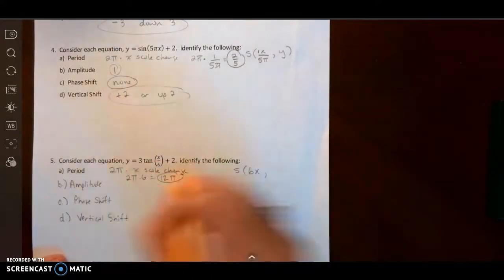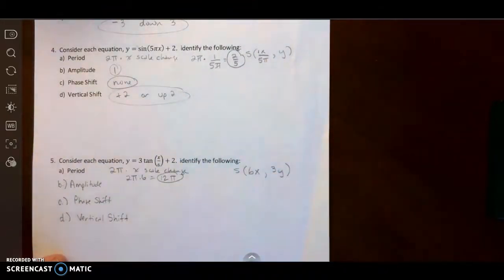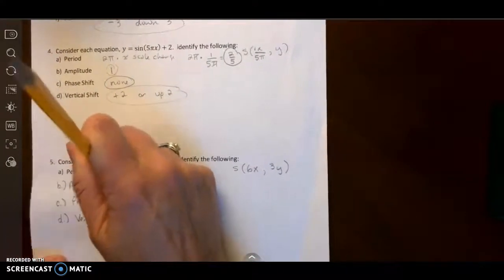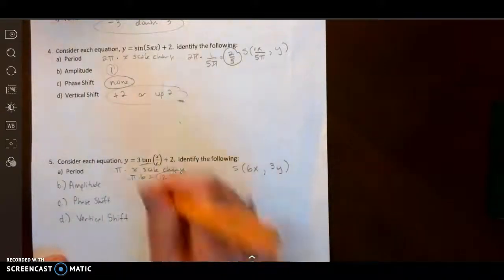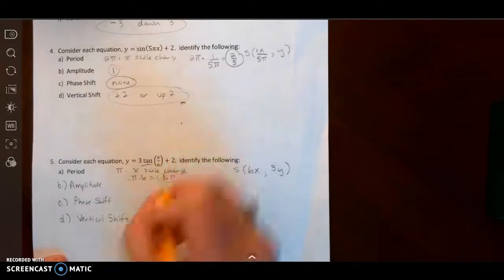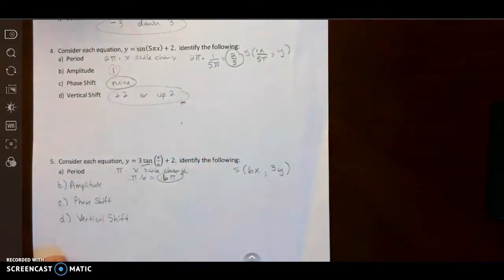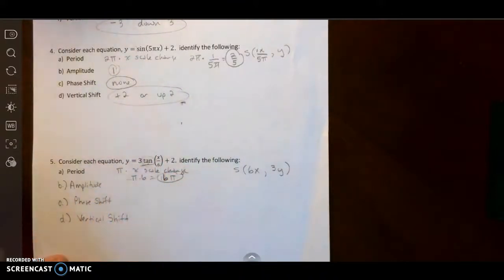And let's see, the y scale change is 3y. Oh, you know what I just realized? This is tangent. And tangent's period is only pi. So this should just be pi, and then this should be 6 pi. Because remember, tangent's period is not 2 pi, it's just pi.